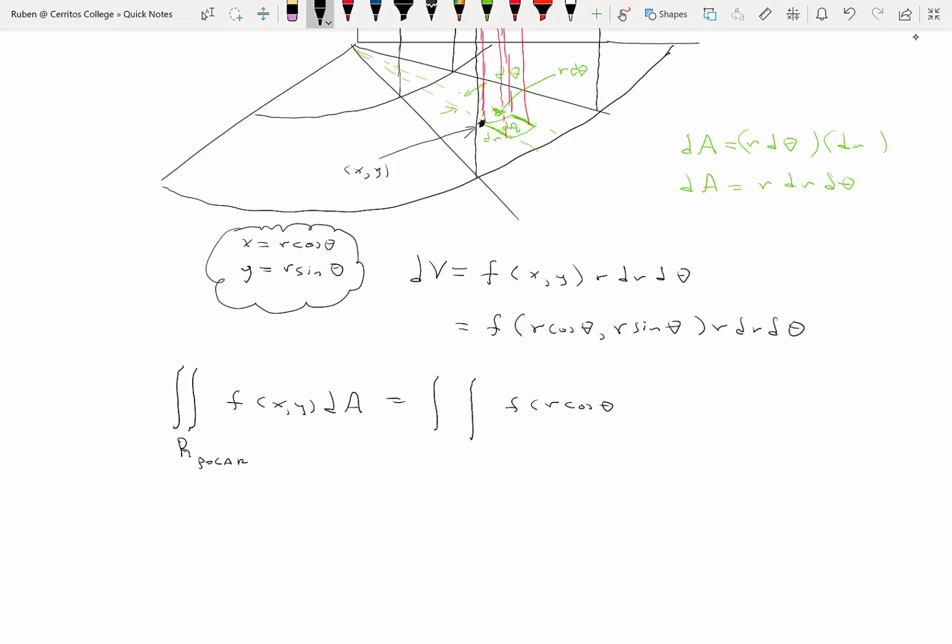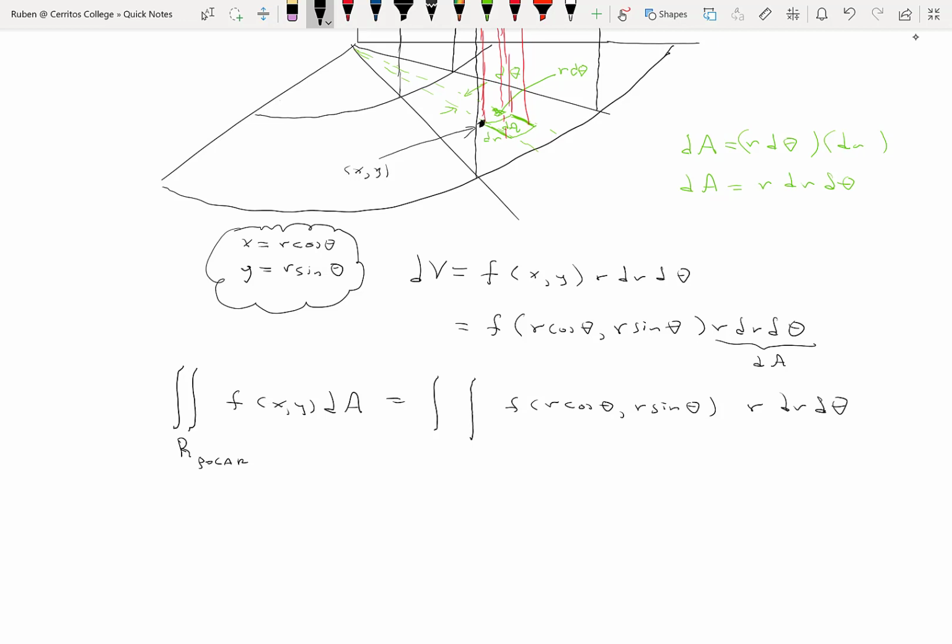So we're going to substitute into the integral x equals r cosine theta, y equals r sine theta. The dA before, when we were integrating in rectangular form, could be considered as dx times dy or dy times dx. But our dA now becomes r dr d theta.